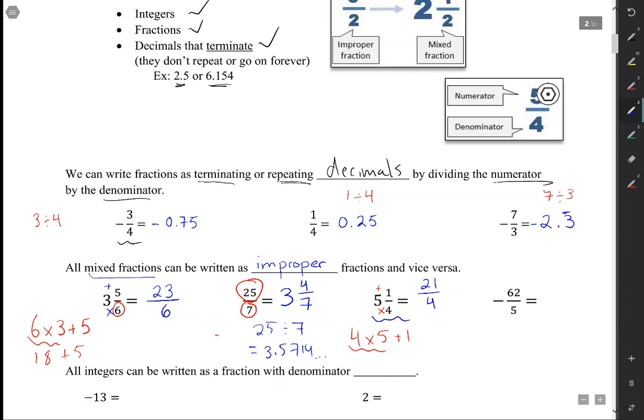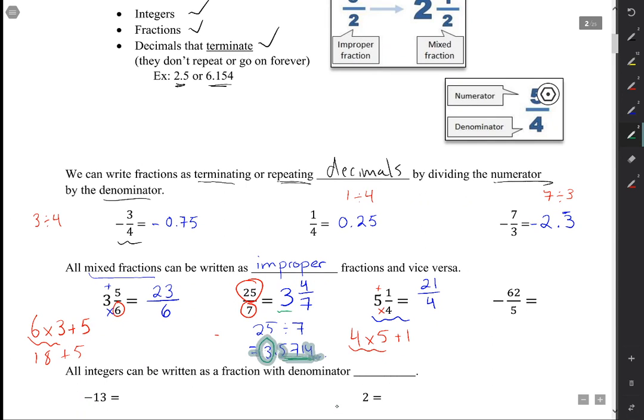So this whole number 3 that we get is telling us that 7 goes into 25 3 whole times, which is what we found out the last method we did. And then this remainder here is this fraction. If we were to put 4 divided by 7 in our calculator, you actually get this exact same decimal number that's on the end here. Okay, and if that doesn't make any sense to you, try to follow that first method I did.